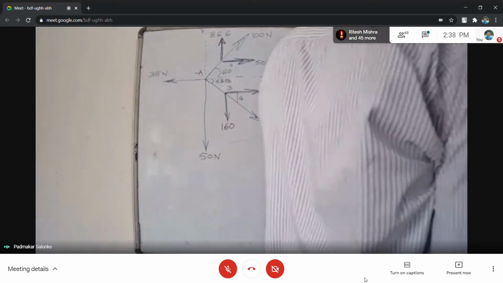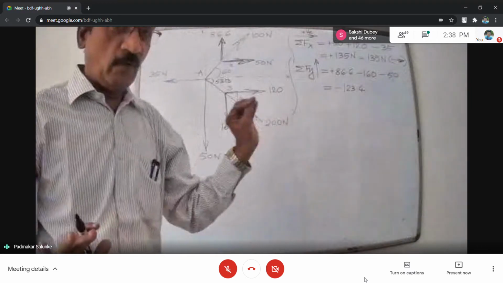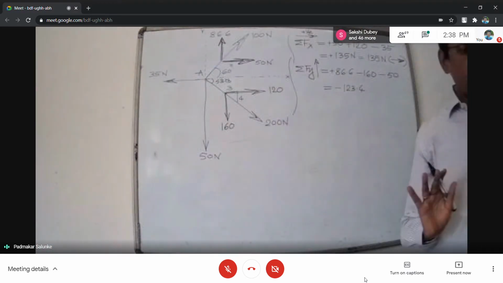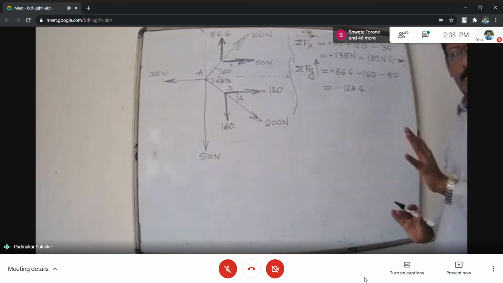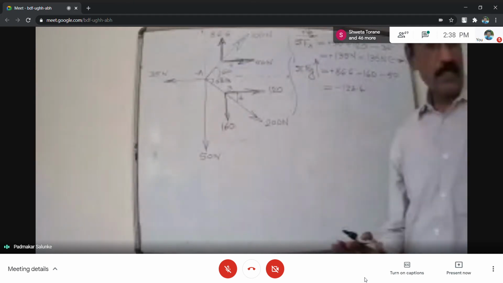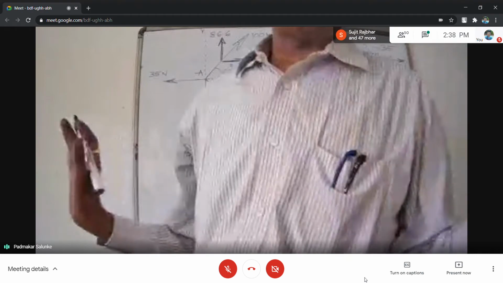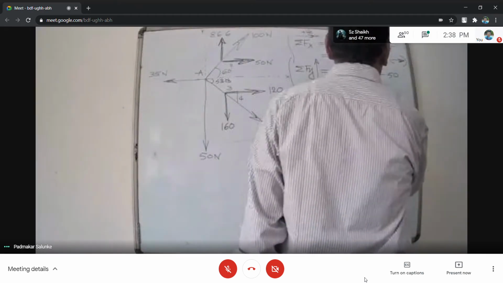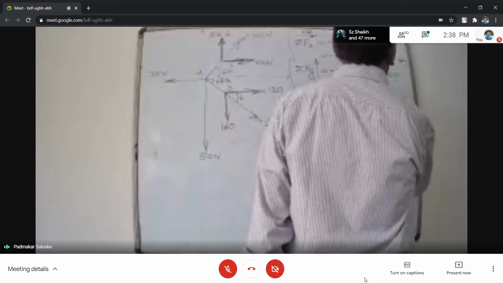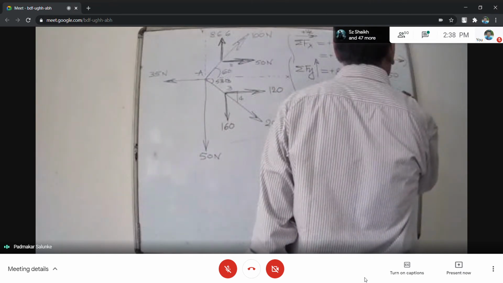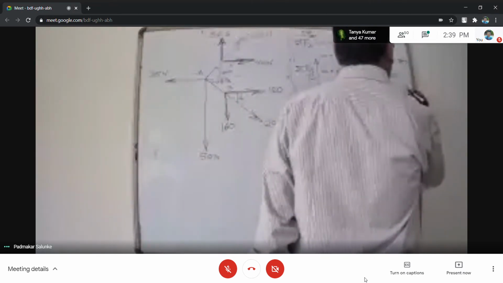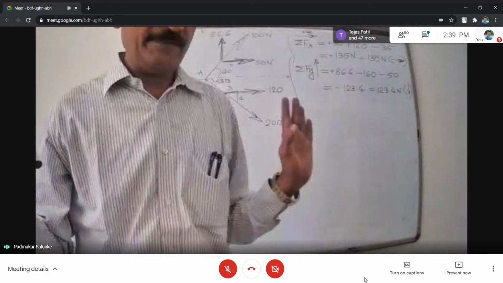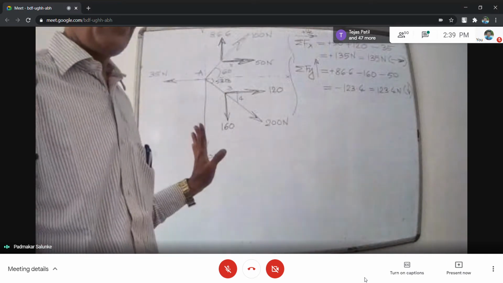Okay, minus 123.4. The minus sign gives us the idea that the y component of the resultant is not acting upward; it is acting downward. So what you have to do is write 123.4 Newton, and in brackets give the downward direction. Very simple thing you have to do.